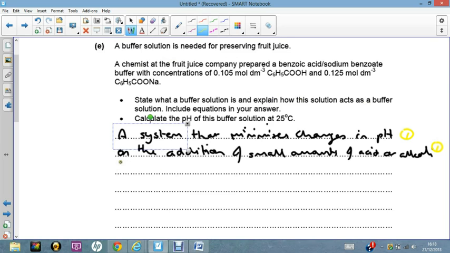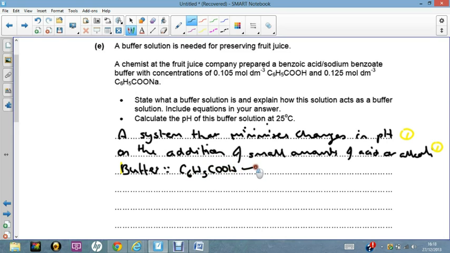Okay, so we're going to start off by working out what the buffer is. So it says here we've got benzoic acid and sodium benzoate. So it's the benzoate bit that we're interested in.